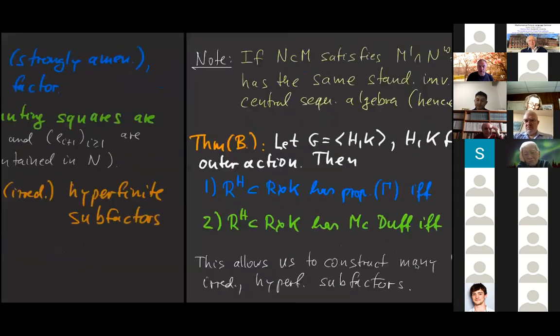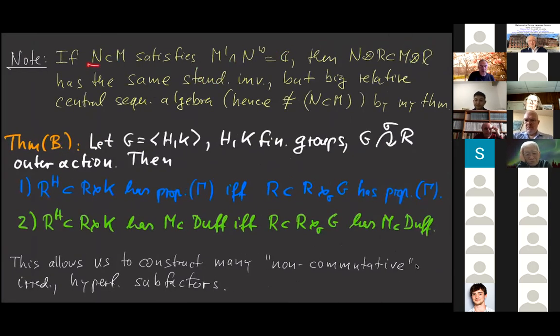So the goal, in other words, would be to construct subfactors that have no relative central sequences, and then you always get another one, right? Just by tensoring the original one with a hyperfinite II_1. And it's not the standard invariant that will distinguish them, but the central sequence algebra. And that was precisely the idea that Bohn had when he constructed two actions of non-amenable groups on the hyperfinite II_1 factor that are not conjugate.